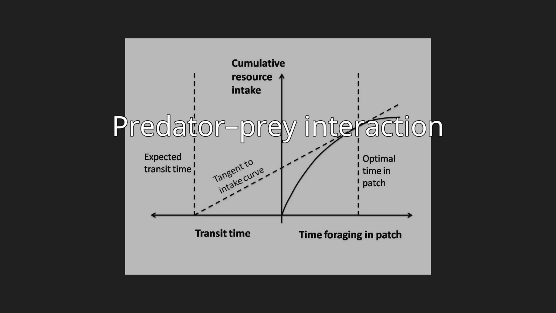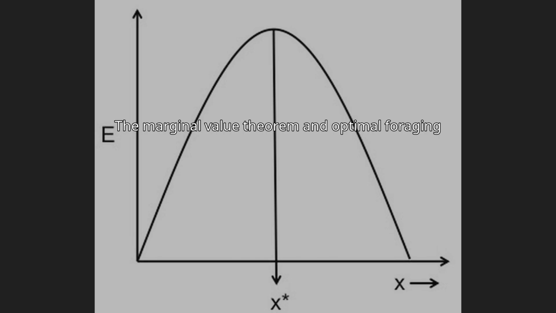In addition, because toxins may be present in many prey types, predators include a lot of variability in their diets to prevent any one toxin from reaching dangerous levels. Thus, it is possible that an approach focusing only on energy intake may not fully explain an animal's foraging behavior in these situations. The marginal value theorem and optimal foraging.